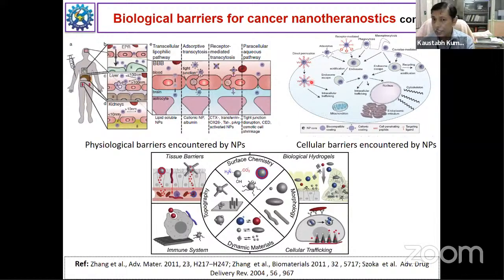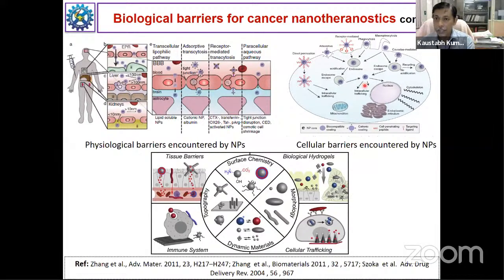Another is direct penetration, which also happens in some cases. The most important is the receptor-mediated pathway. On the cell surface, a lot of receptors are there. If you make a carrier that can recognize those receptors, it will first recognize them on the cell surface and then be internalized by these receptor-mediated pathways.